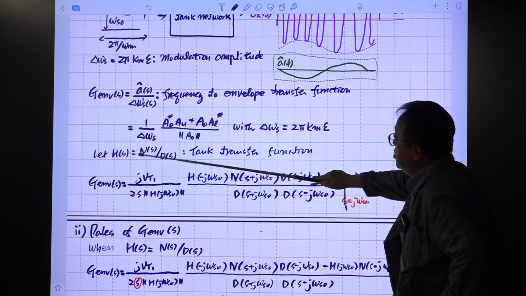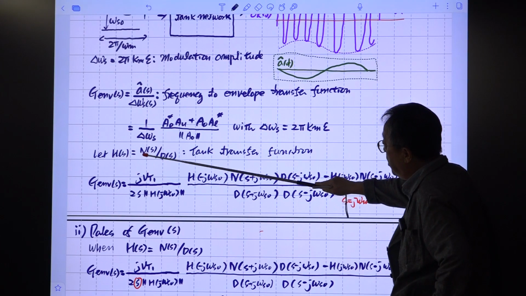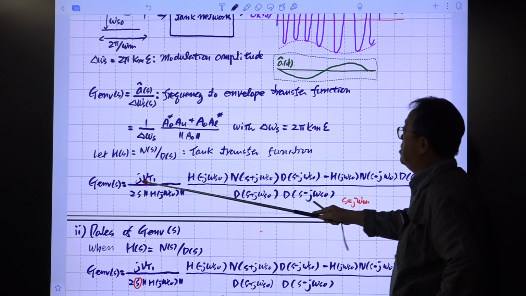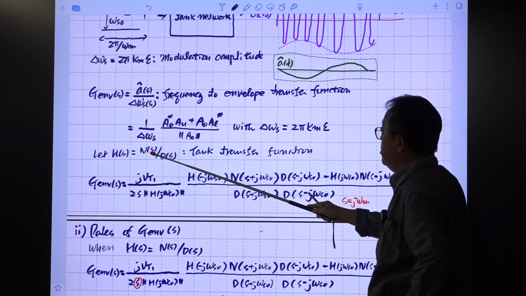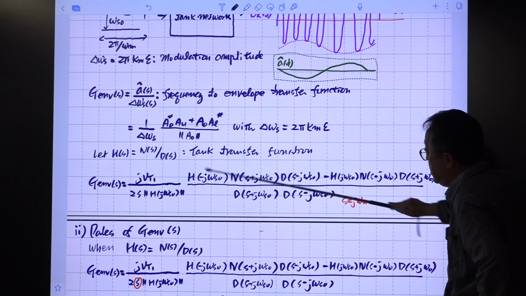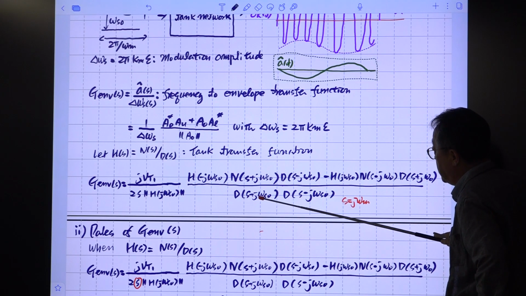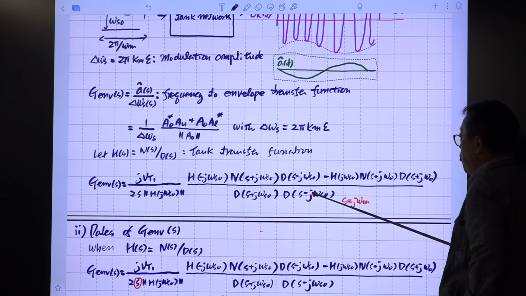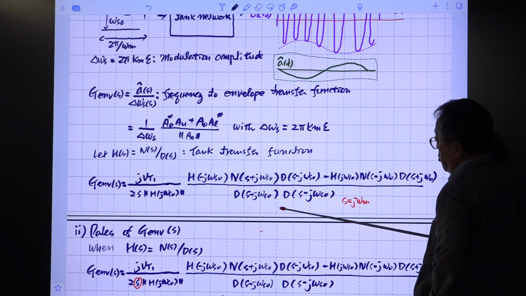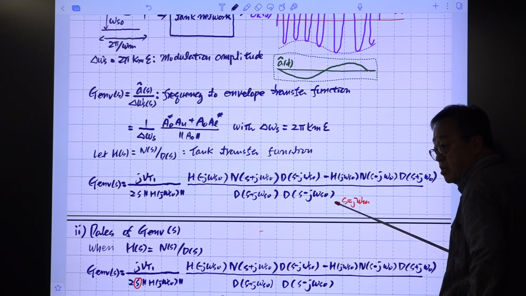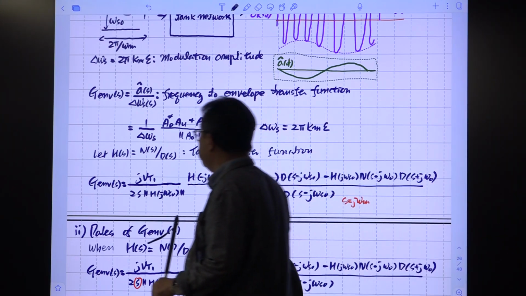We assume the tank transfer function is expressed as Ns divided by Ds. If you know Ns and Ds, then the envelope transfer function has Ds plus j omega s and Ds minus j omega s in the denominator, and the numerator is very complicated. Anyway, this is the expression.